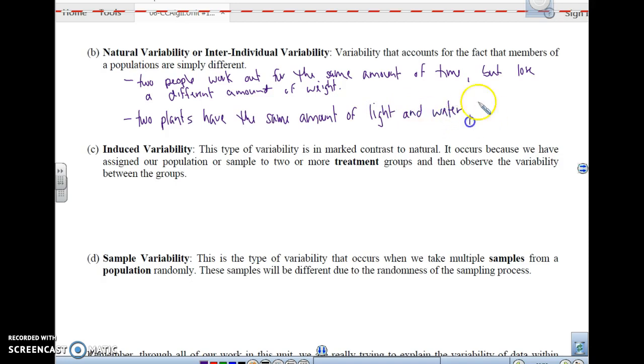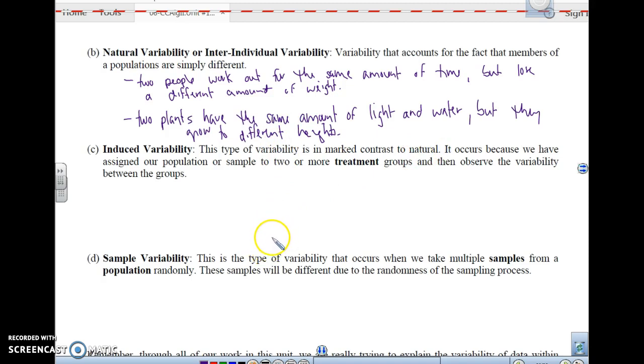No. They could grow to different heights. So that means that's the way they are. So that is just because of natural variability. Okay, so it's just something innate in the plant that happens to it. It isn't anything affected by the water or the light. It's just that they're going to grow to different heights. So that is the second kind of variability.